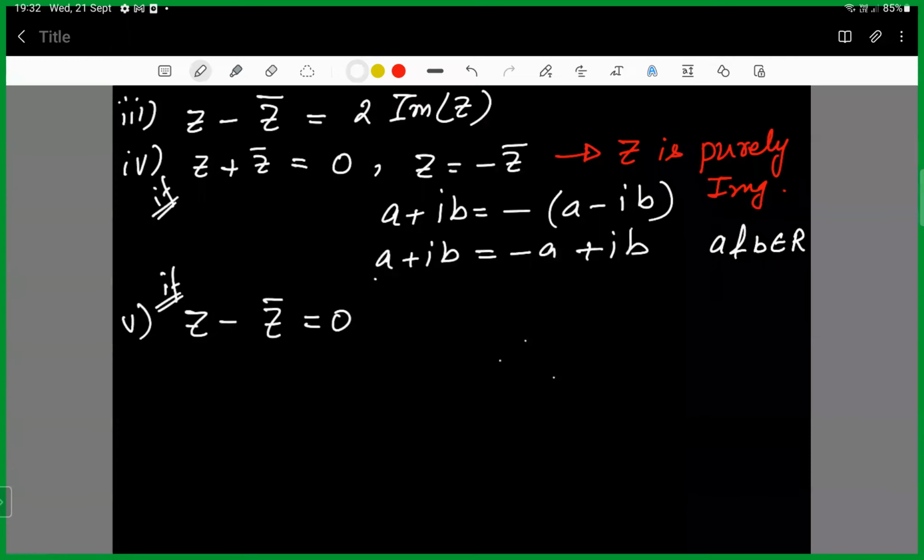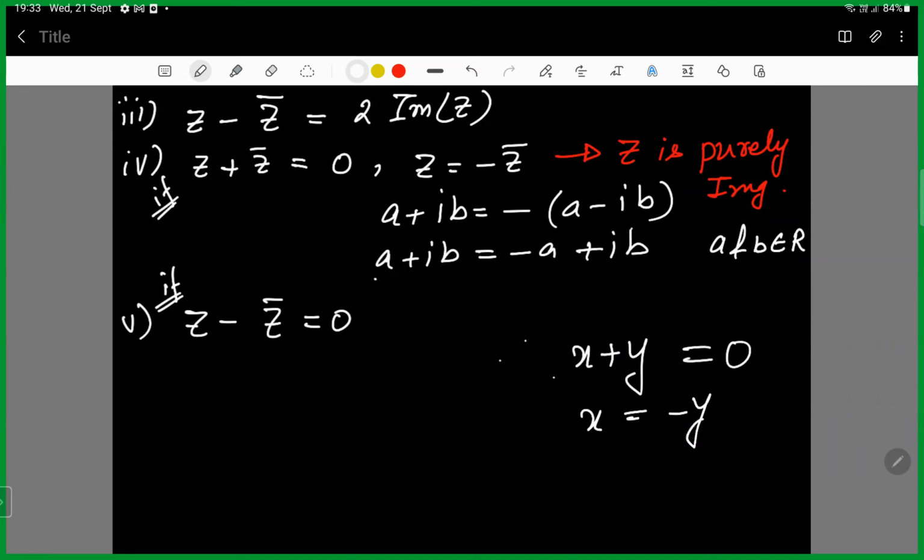Why is z purely imaginary? This is the conclusion after, right? Just write a complex number. Its conjugate is a minus iota b. Let's randomly take any numbers: x plus y is equal to 0, so x is equal to negative y.